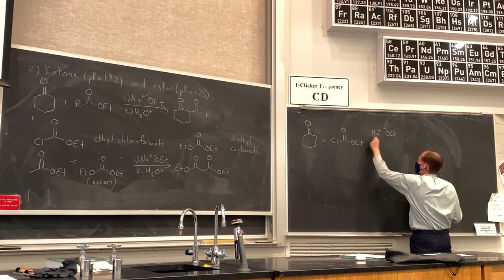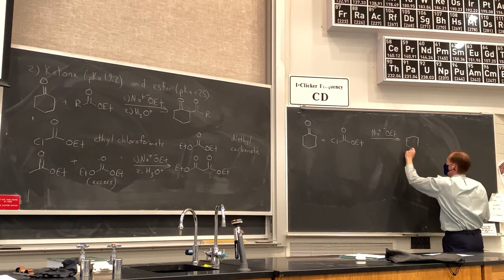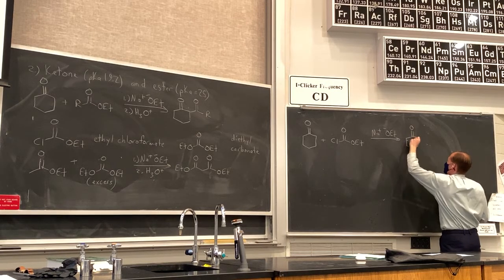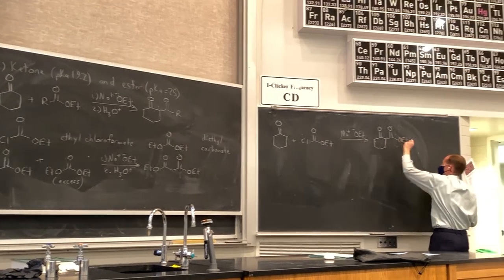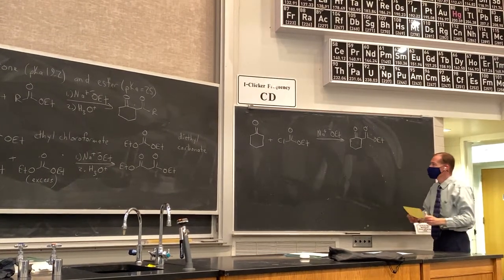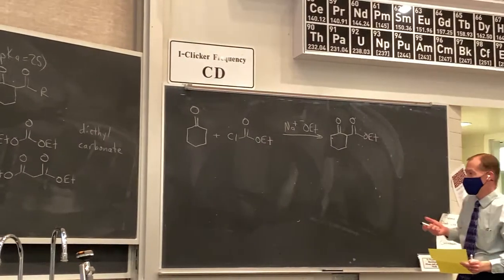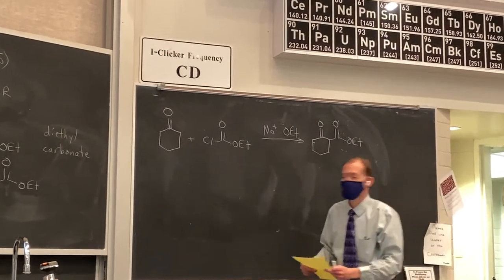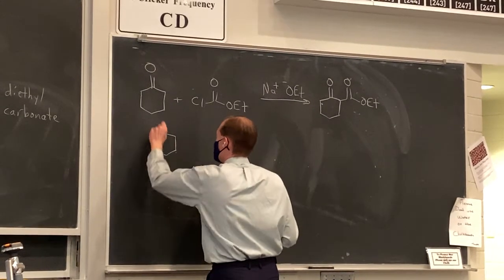We use our sodium ethoxide. And in this case, we're going to generate a beta ketoester. Okay. You'll notice I didn't write acid here. In this reaction, you don't actually need the acid. And I'll show you why.